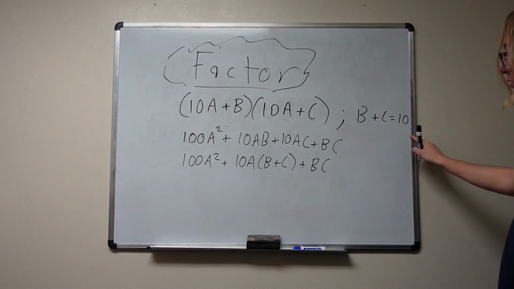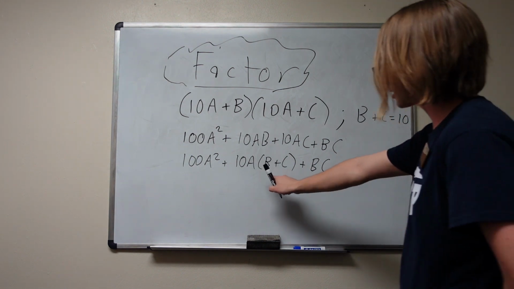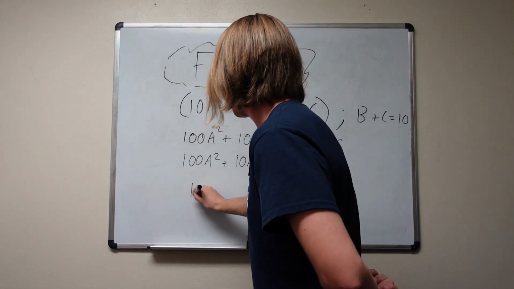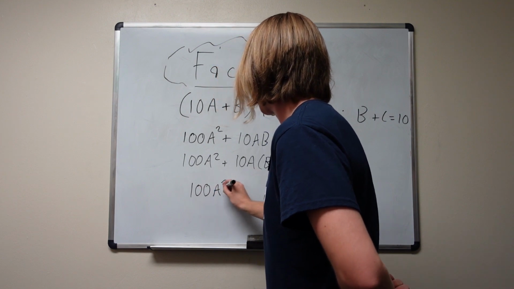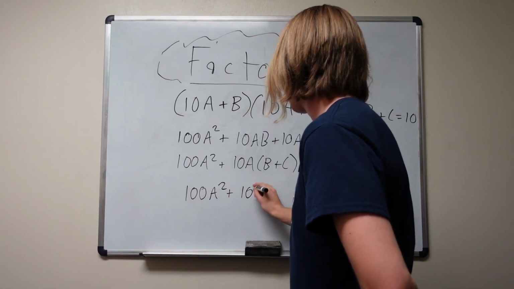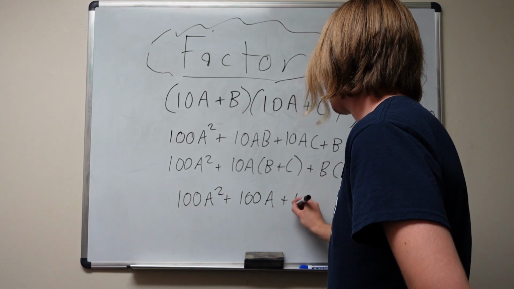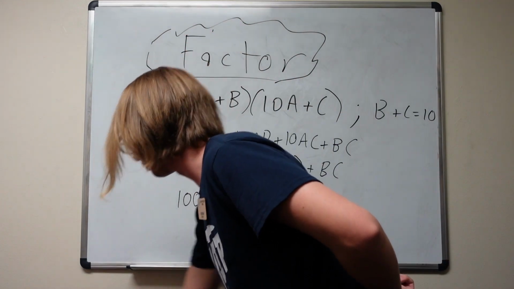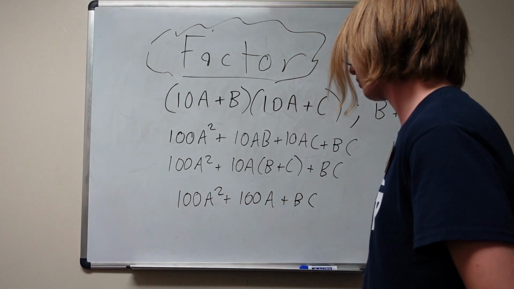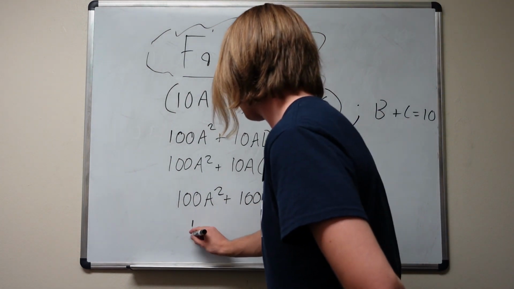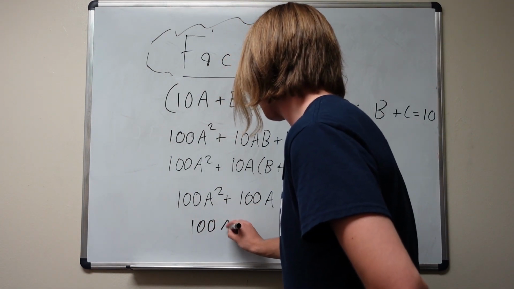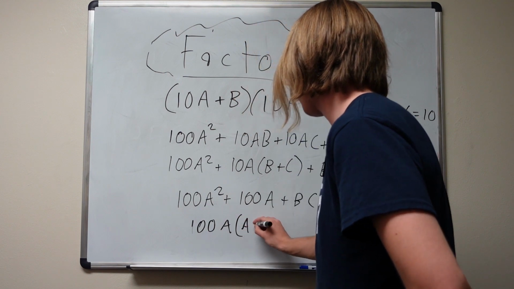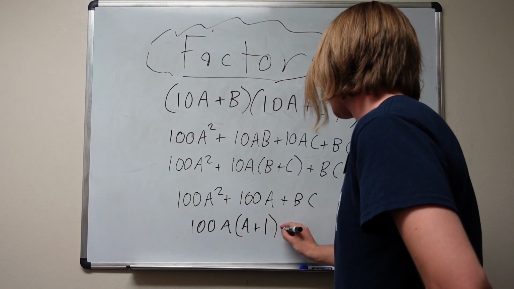But B plus C equals 10, so I could put the 10 inside of here to get 100A squared plus 100A plus BC. And then finally the last step would be to factor out the 100A. So we get 100A times (A plus 1) plus BC.